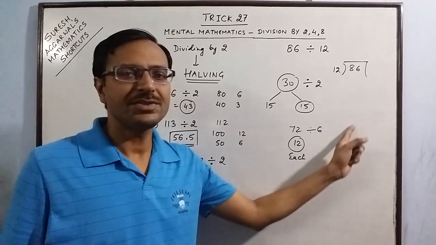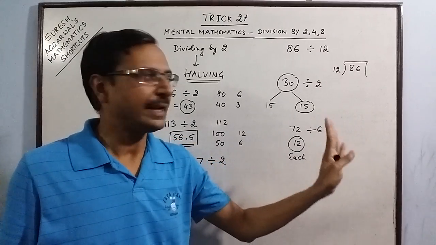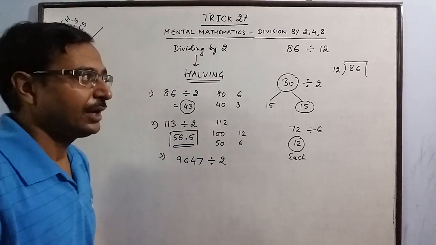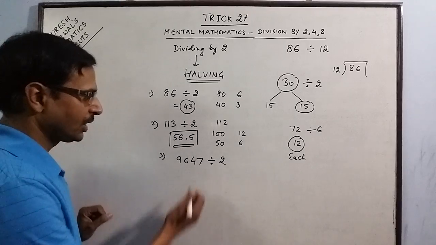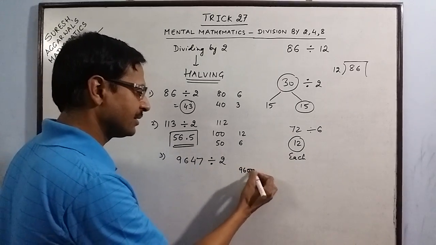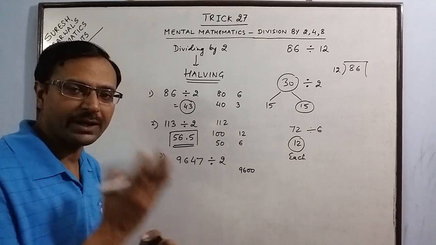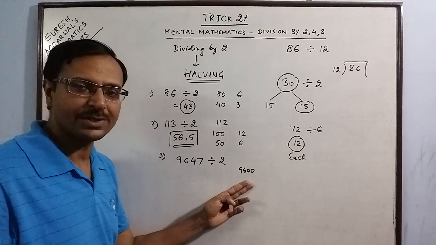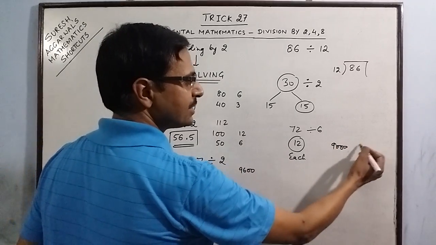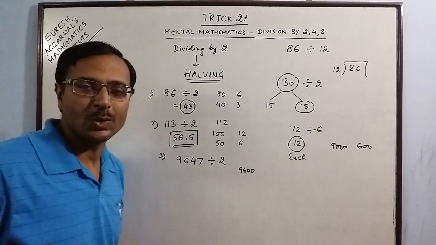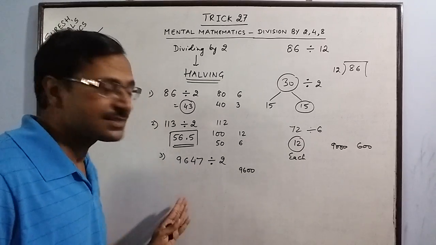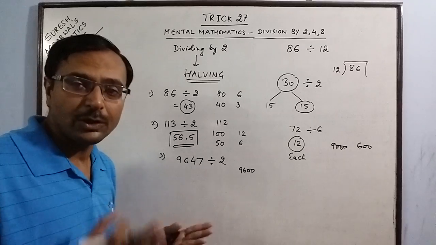Now to perform this kind of division, it will involve say about 8 to 10 lines, and students might commit some kind of error in dividing. But here I just forget 1, so 9600 and 46. See, I have broken it according to my convenience. I can reduce 9600 to half very easily, but if you can't do it, you can write it as 9000 and 600. So it depends on your skill level. If you are expert, if you have practiced this method, then you can break it according to your level.